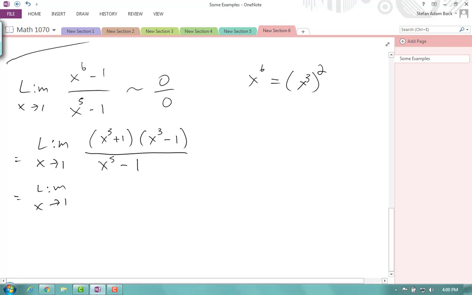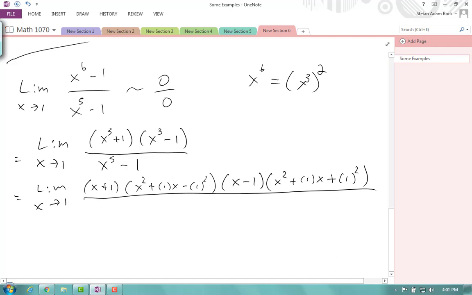So first up, this works like x plus 1 times x squared plus 1 times x minus 1 squared. And similarly over here, we'll have x minus 1 times x squared plus 1 times x plus 1 squared. Lovely.